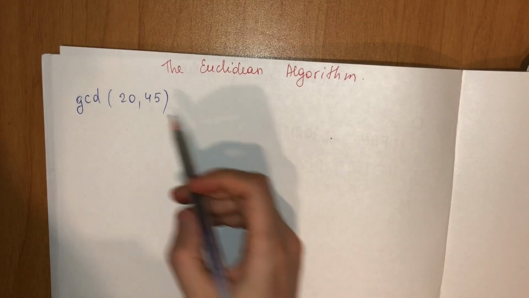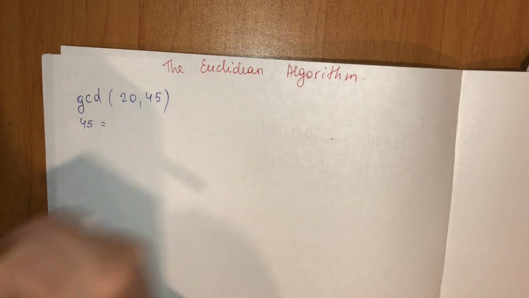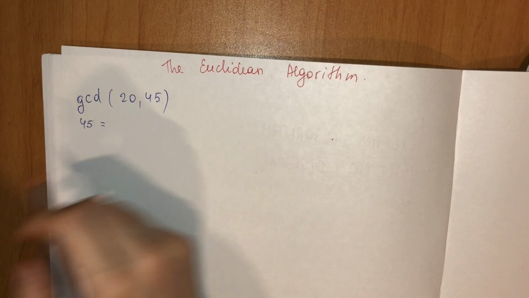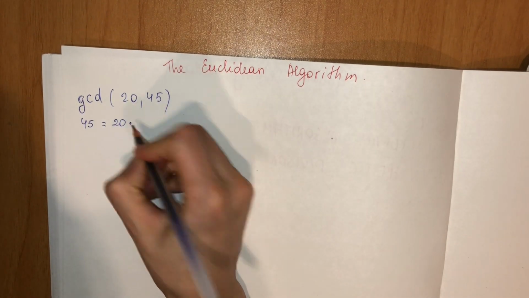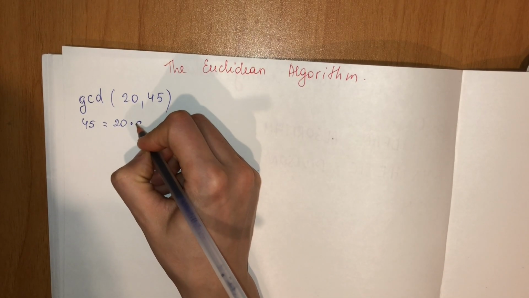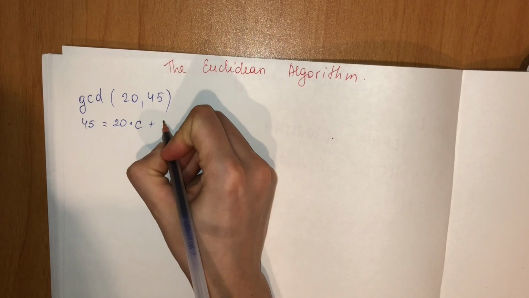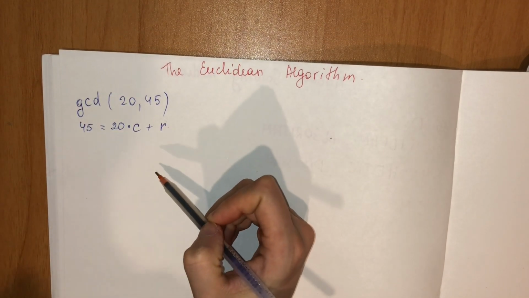What should we do? Firstly, we should write the larger number, 45, as equal to the smaller number, 20, times some number C, plus R. This is the remainder.